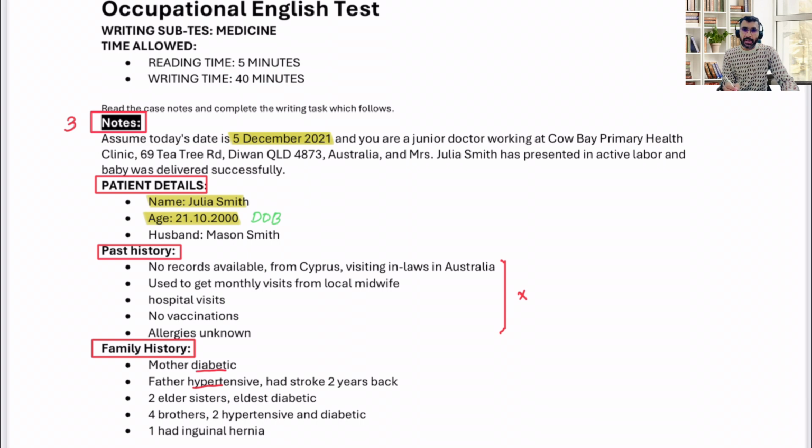As many of the family members have this condition, we don't need to write their names or their relations. Simply we can write our family history is significant for hypertension and diabetes. This is important, but we will write a summary of it only. Hernia is not important. Diabetes and hypertension are important.